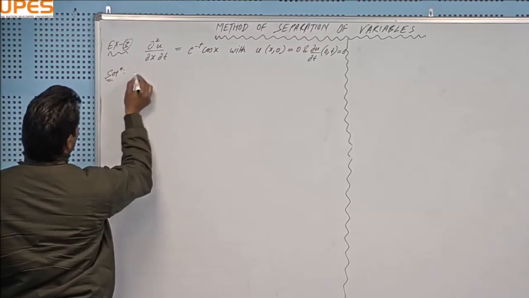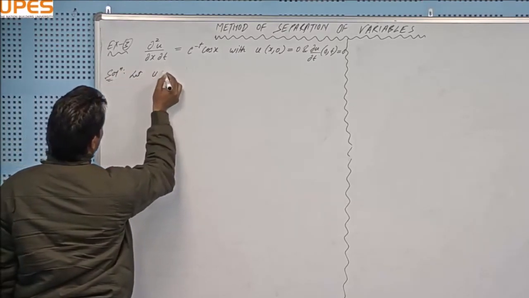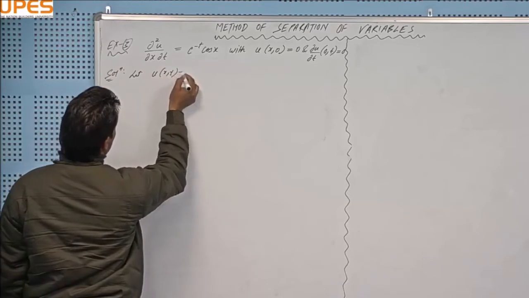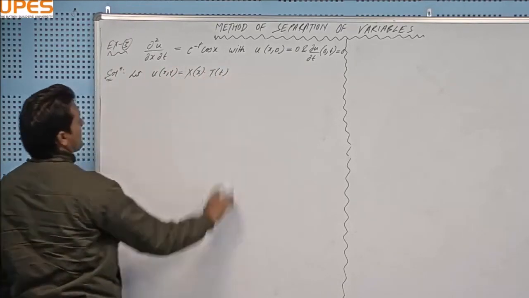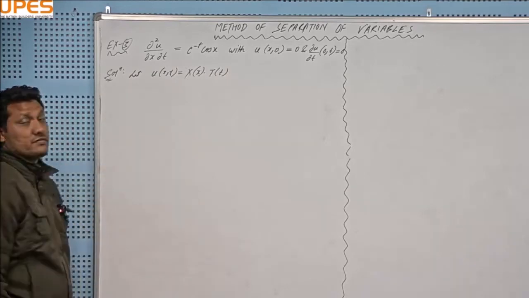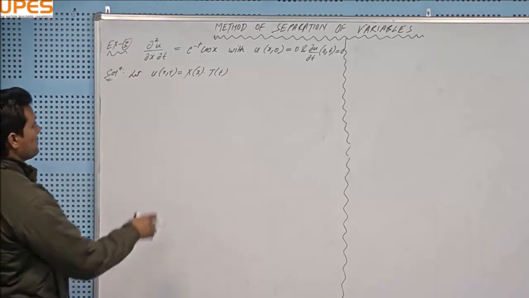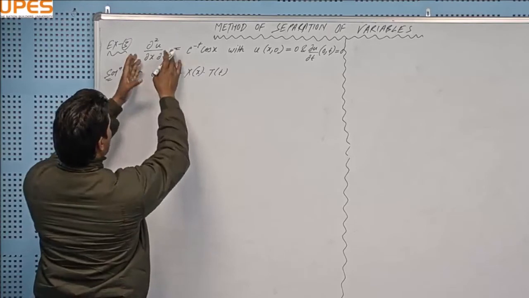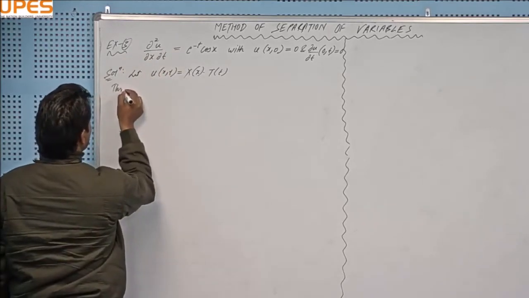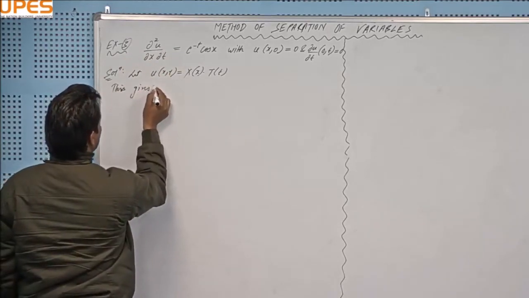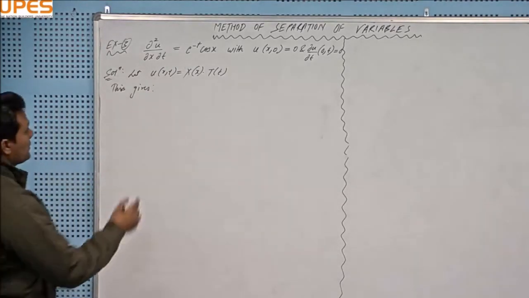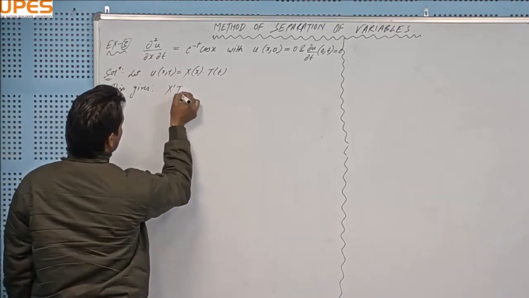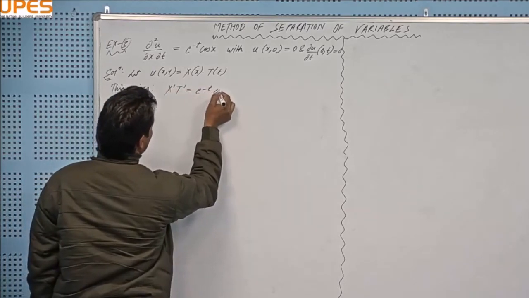Solution: let u as a function of small x and small t be capital X of x times capital T of t. You know that capital X is a function of x alone and capital T is a function of t alone. And then doing its second derivative and putting it here, if I do differentiation of this with respect to t and x, I will be getting X dash T dash is equal to e to the power minus t cos x.